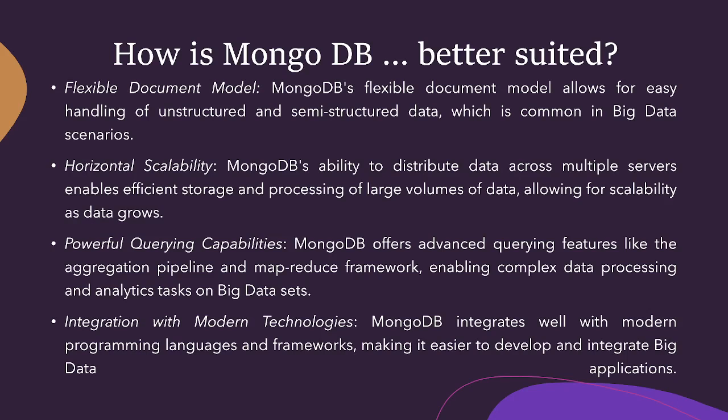So how is MongoDB better suited for big data? One, we have a flexible document model. MongoDB's flexible document model allows for easy handling of unstructured and semi-structured data, which is common in big data scenarios. You find an organization that has large amounts of CSV data files, dumps, Excel file dumps, and they need to try and make sense of this data.